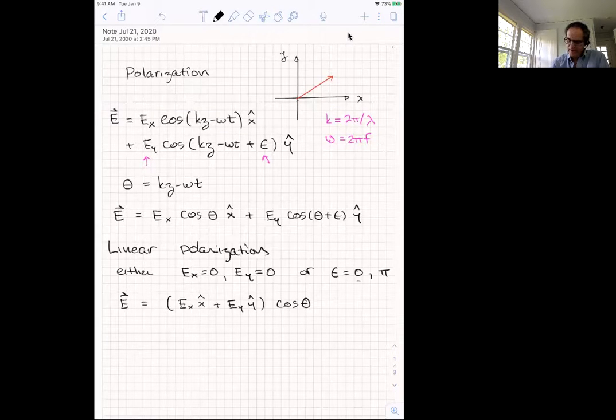And you can see that this vector will point in a constant direction from its structure, right? Although the amplitude will oscillate in time because theta is kz minus omega t, and as t increases, the angle will change. So that's the case of linear polarization.